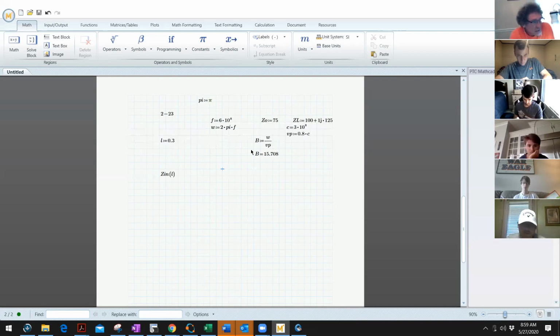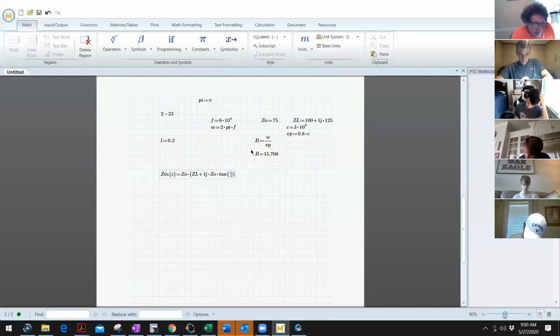And that means now I can go directly to this equation, because that's what I want. And matter of fact, I can make this a function of z so I can get the impedance anywhere. And I'll say it's equal to some Z naught that I've defined times ZL, or capital Z L, plus 1J times Z naught times the tangent of beta times L. I better put L, because L is strictly positive.